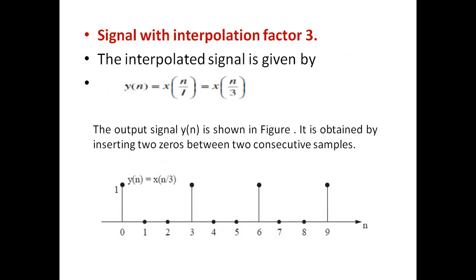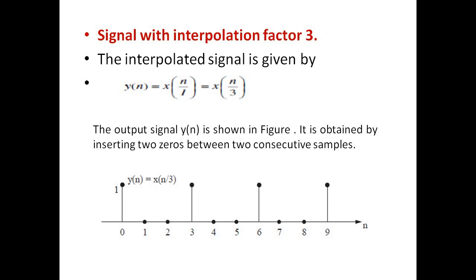Now we'll go for the interpolation. Interpolation y of n is given by x of n by I, which is equal to x of n by 3, where I is given here as 3. The output signal is shown in the figure, and it can easily be obtained by inserting 2 zeros between two successive samples. The reason for inserting two zeros is that between sample 0, then we have 1 and then 2, and then we have the third sample.